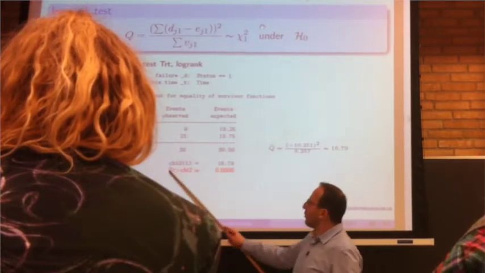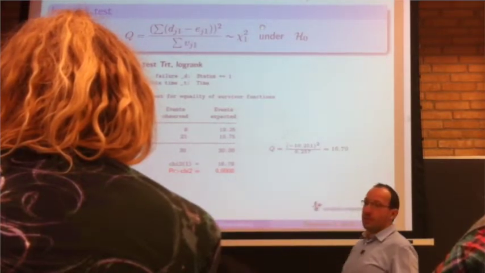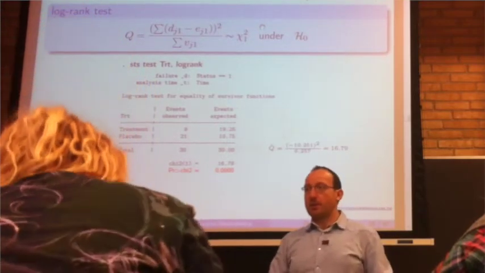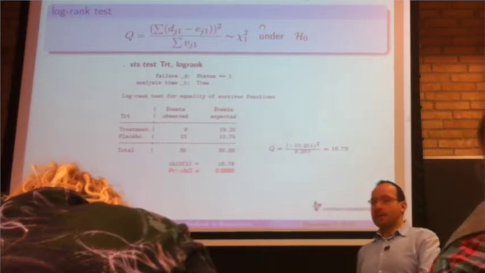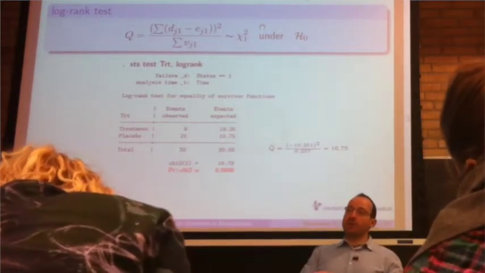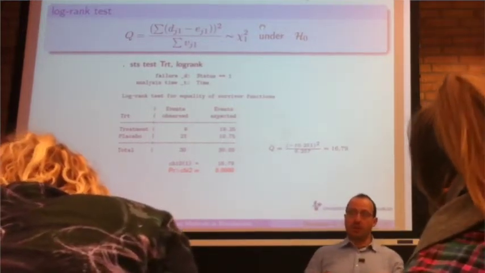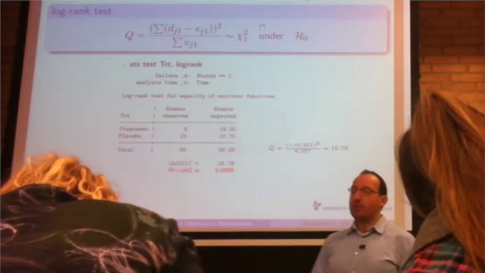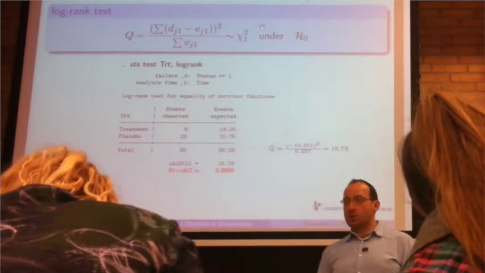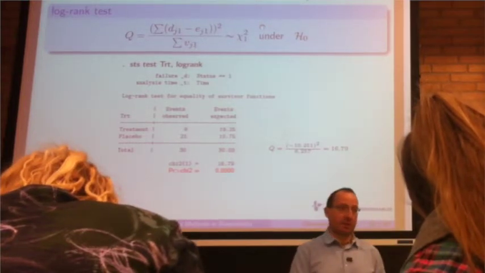And this can be deduced from the p-value. The p-value is in this case less than 5%, and so you would reject your null hypothesis that the time to event experiences in both groups are equal, and so you would deduce that there are differences in the survival probability or survival function for event time experience.